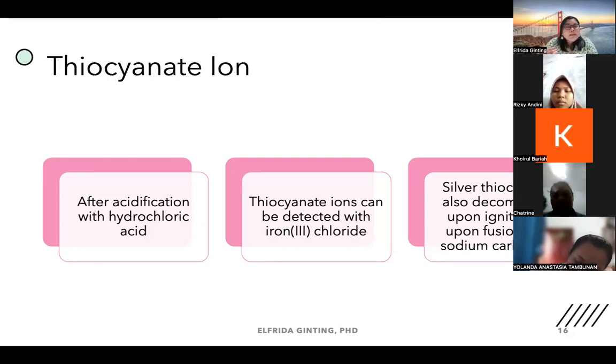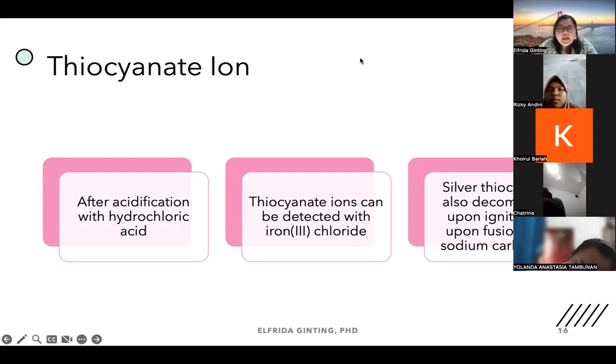The second one, we can use sodium chloride, and then we can see different colors and different precipitation, and that's how we detect thiocyanate ion.